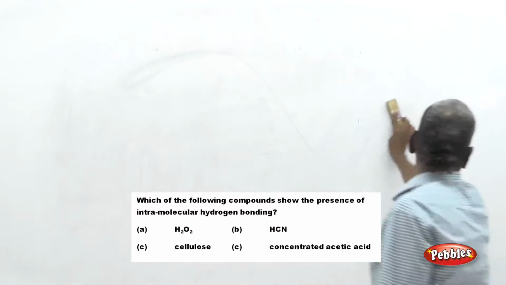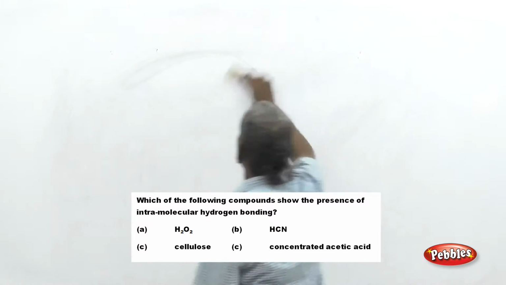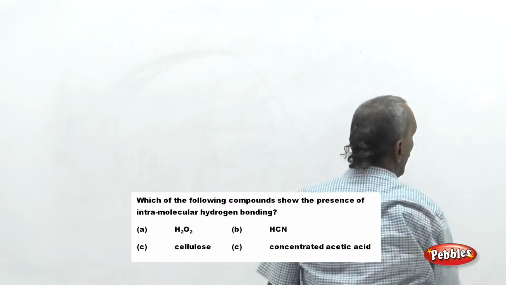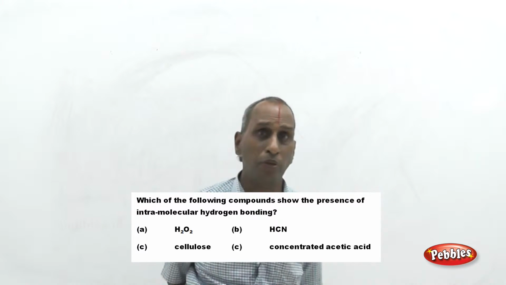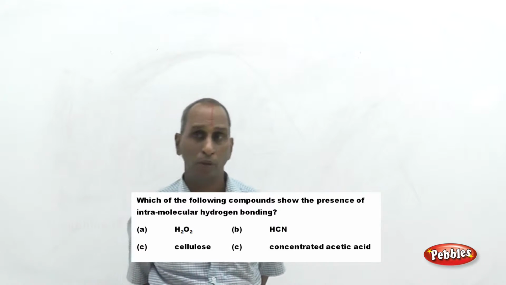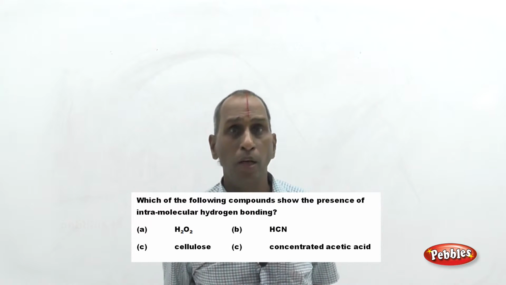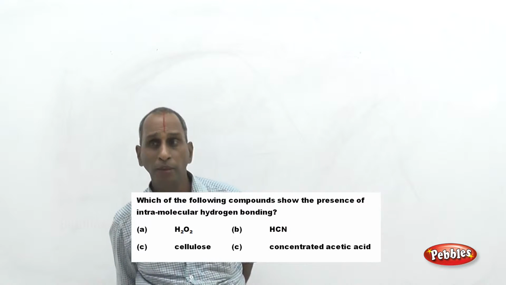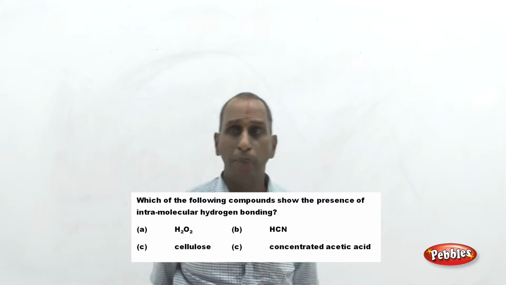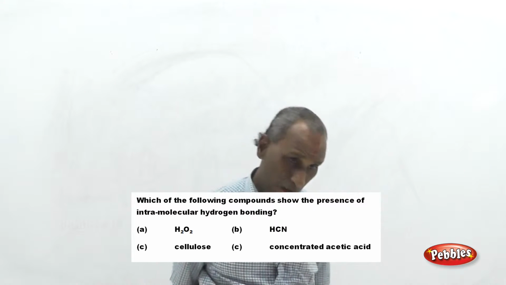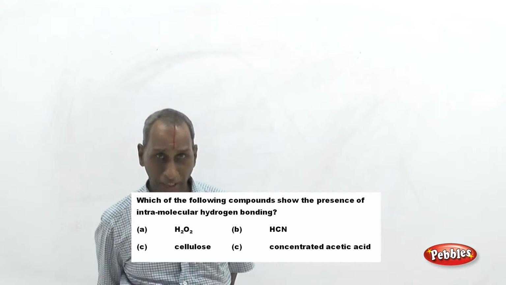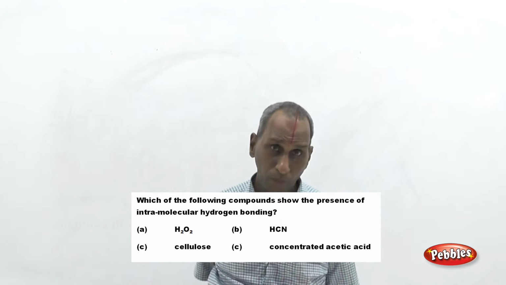Now this question is based on the nature of bonding, the nature of hydrogen bonding. We have studied the 5 types of chemical bonding: covalent bonding, electrovalent bonding, coordinate bonding, hydrogen bonding, metallic bonding. In the case of hydrogen bonding, we have studied 2 types: intramolecular hydrogen bonding and intermolecular hydrogen bonding.